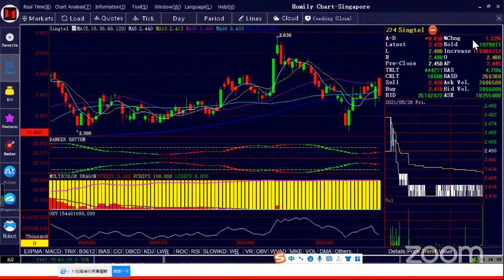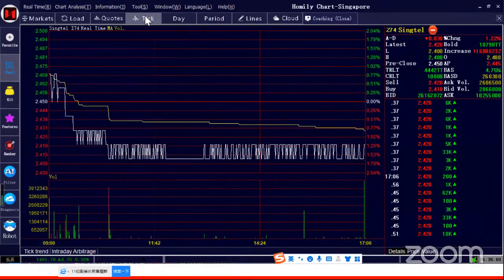So this is the chart and the interface of the chart. Normally, you can see the trend indicator. You can add in some other indicators in the other windows, right? So you can go to here, click tick.